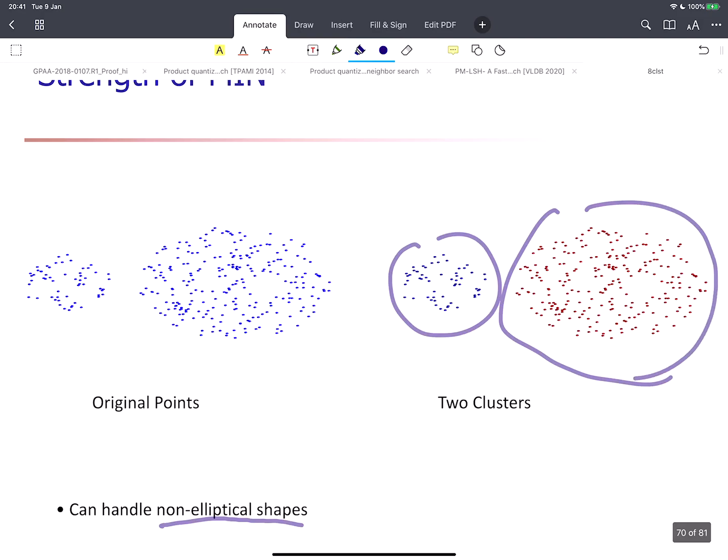Again, this still looks elliptical, but the general idea is that it can be any shape. So you can imagine that if you have points like this, even more contrived shapes, they might be able to form a cluster like this.